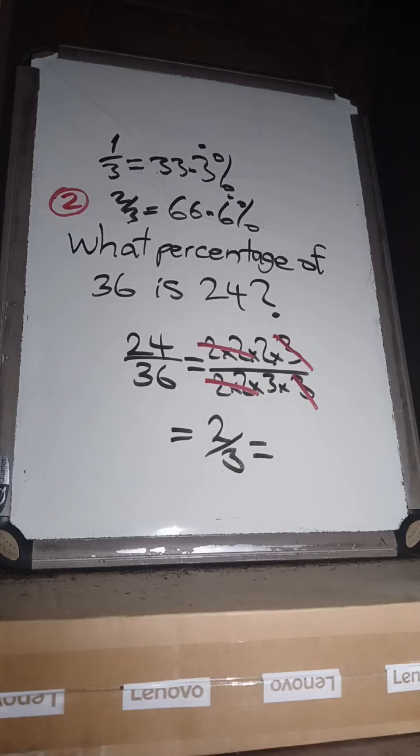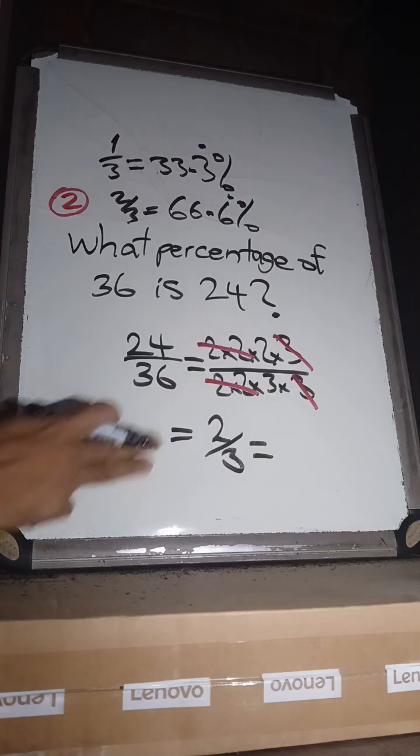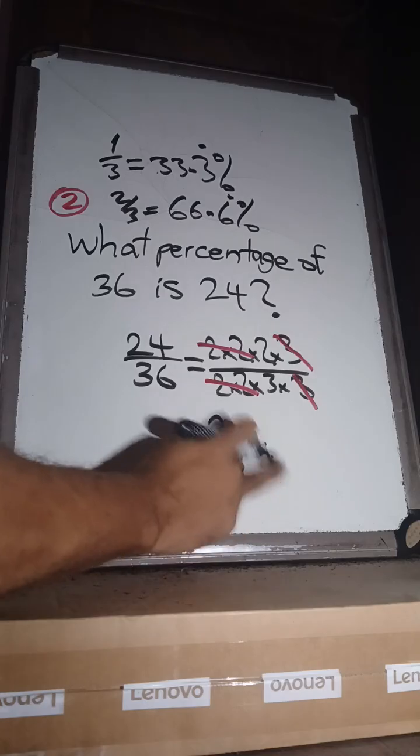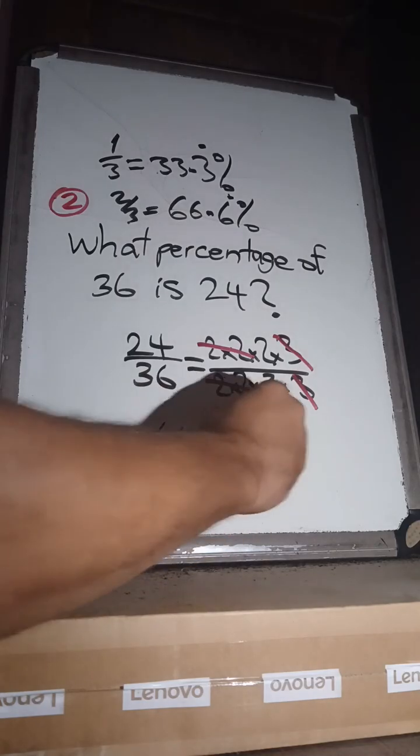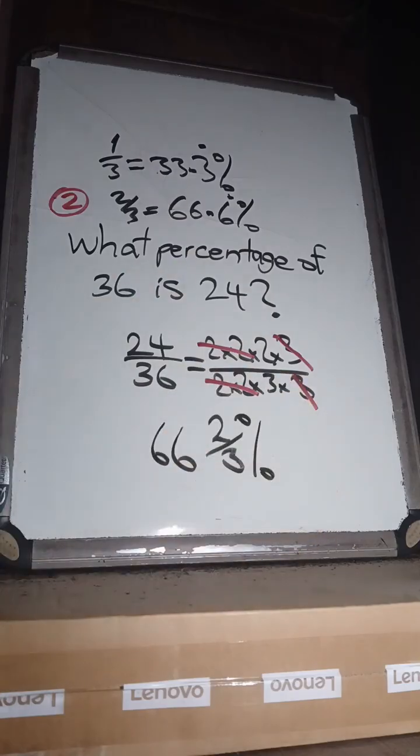The answer they have written down is 66 and 2 over 3%. That's how they have it written on theirs. So that's one way of doing it.